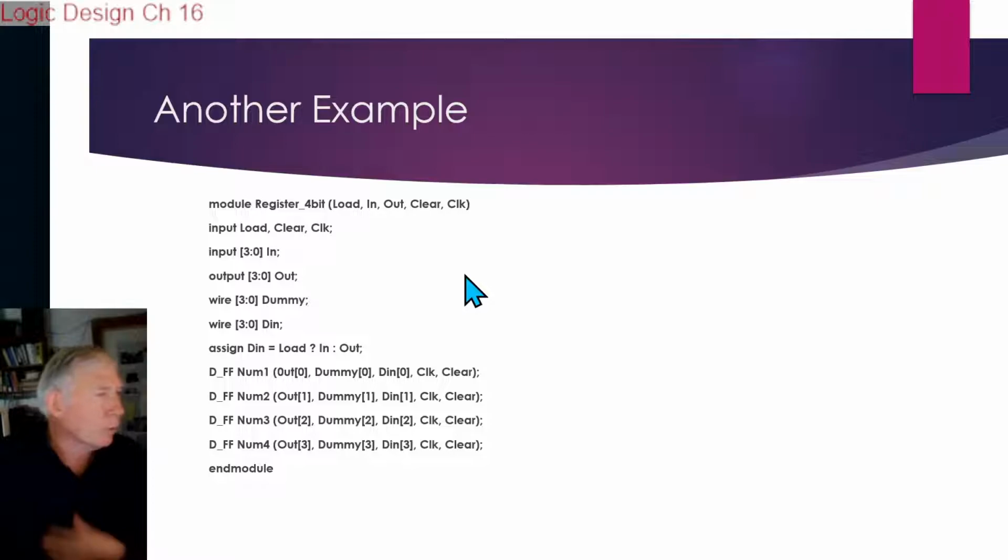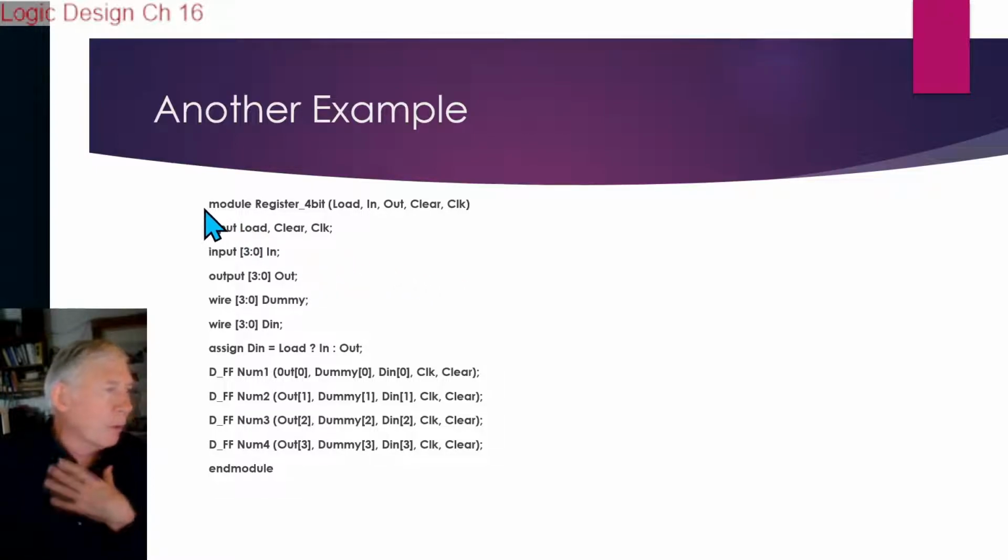All right, so what do we have here? Well, module, the keyword module. Now we have the name, register underscore 4-bit. We have the port list: load, in, out, clear, and clock. All right, so load's an input, clear's an input, clock's an input, and they're single bits.